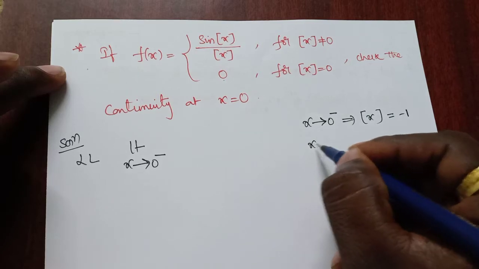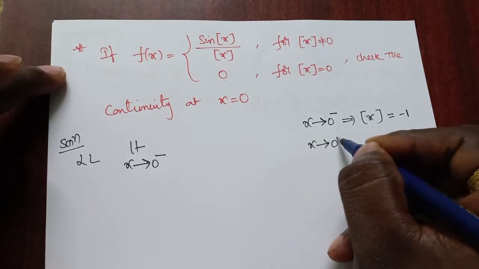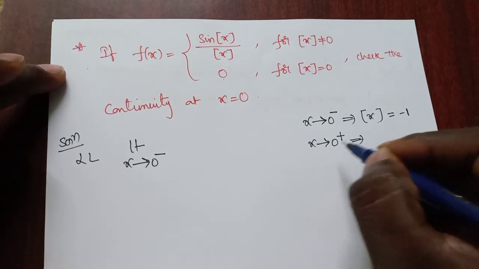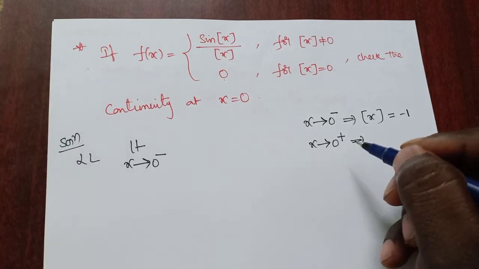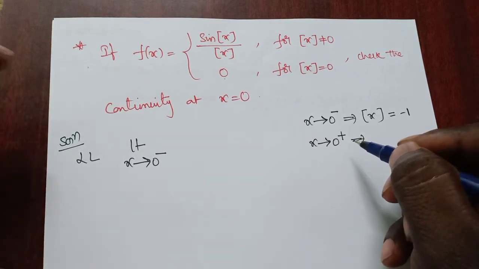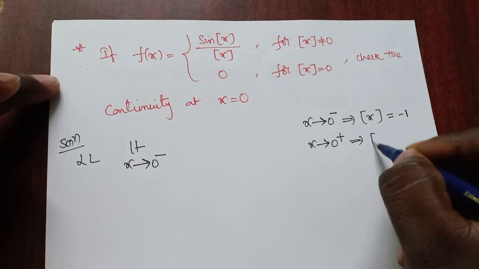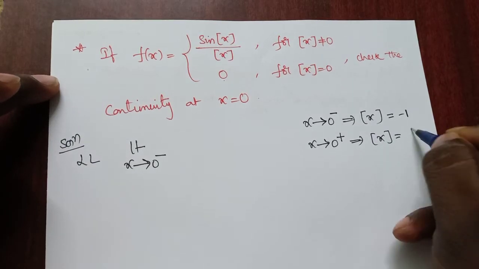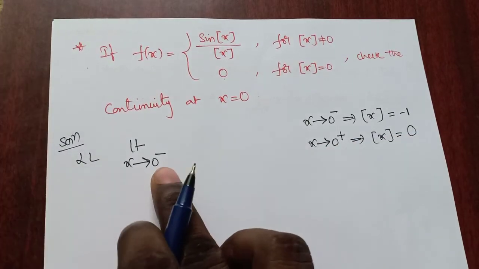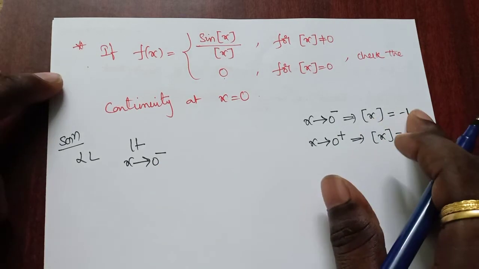And if x value approaches 0 from the right side, which is a positive quantity, like 0.0001, then [x] equal to 0. So for the left hand limit, [x] equal to minus 1.